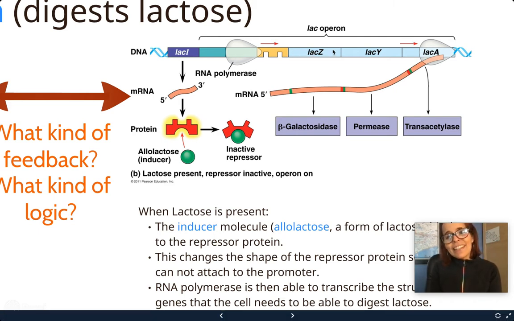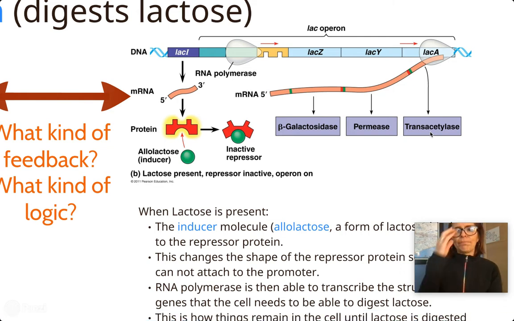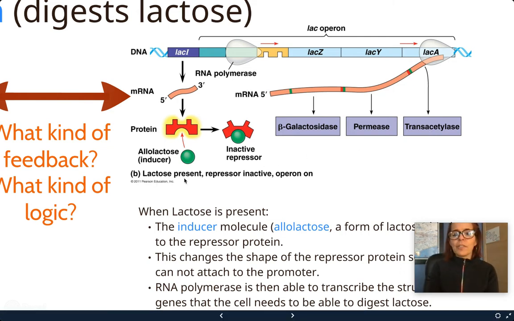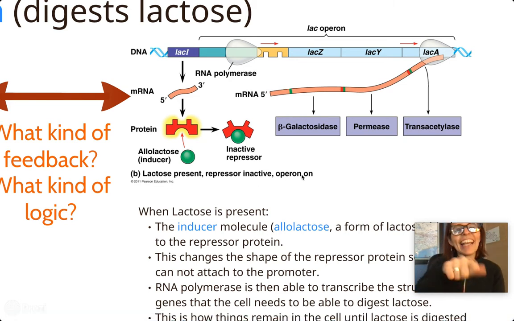It's going to read the LAC-Z gene and make the mRNA, the LAC-Y gene, make the mRNA, the LAC-A gene, and make the mRNA, which are then going to be translated by the polyribosomes into the 3 enzymes that digest lactose. So it says here lactose is present, the repressor is inactive, the operon is on. We have turned this DNA on.